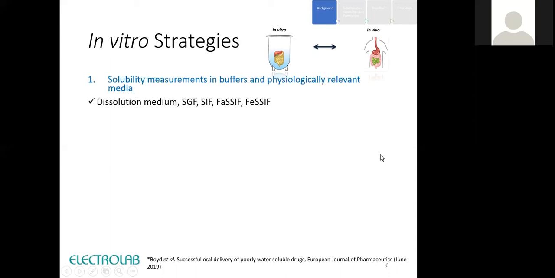The first is solubility measurements in various buffers and physiologically relevant media. For example, the media can be pharmacopoeial media such as simulated gastric fluid and intestinal fluid, and more compositionally biomimicking media such as FaSSIF and FeSSIF. Second is dissolution testing.